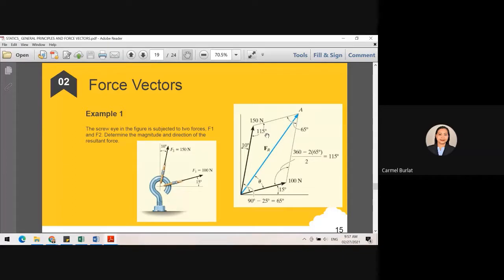If you have 115 here, then you have may angle ani niya. 15, if this is 15, then this is 10. So this is 90 minus 25, 65. So if this is 65, this is 65 also.